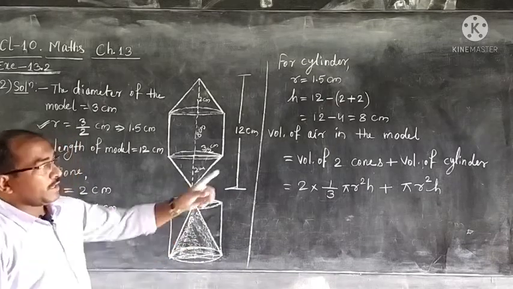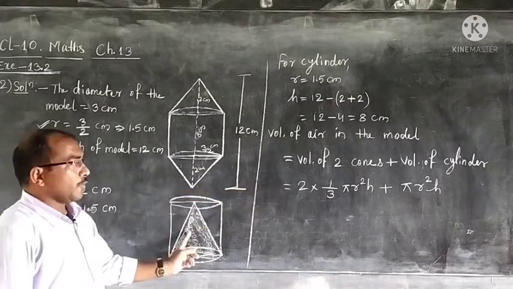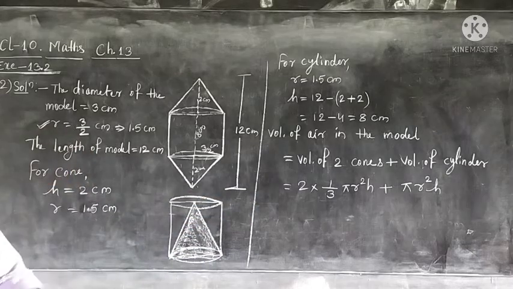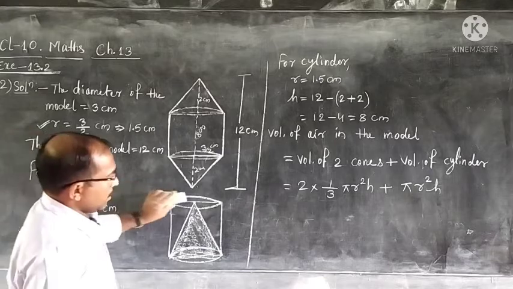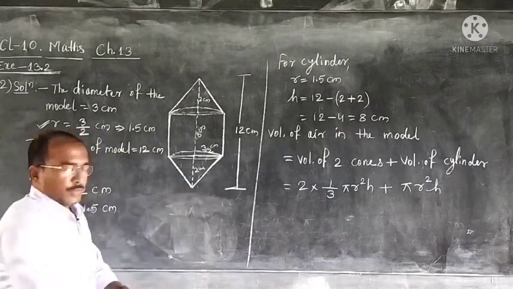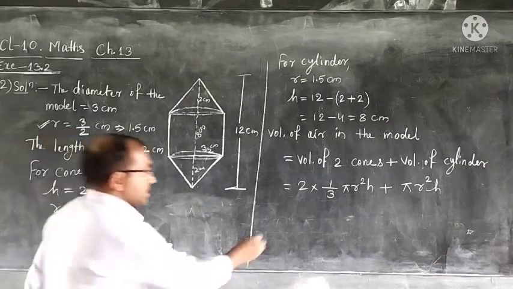So, if volume of cylinder is pi r square h, volume of cone will be 1 by 3 pi r square h. Instead of by hearting the formula, let us understand that way. I hope that formula is clear to you. Let us go for completing the next step of this question.